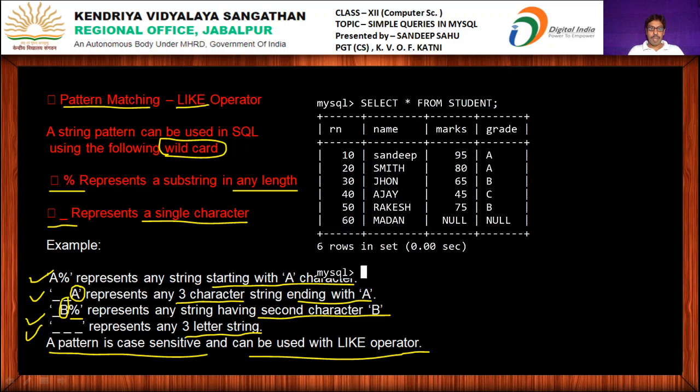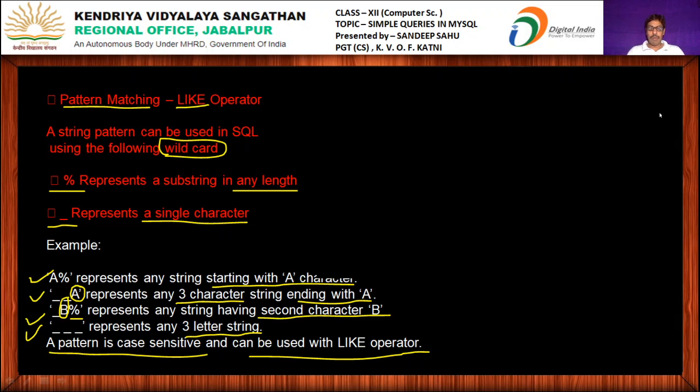Now suppose I want to display the names that contain O as a character in the name. Then what command should I write? Select name only, name from student where name like it should contain O. Okay, so percent, there may be any number of characters, then O and then percent.